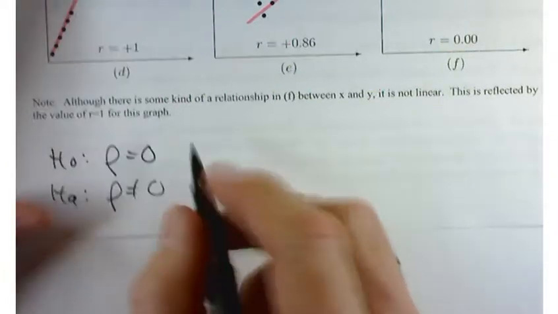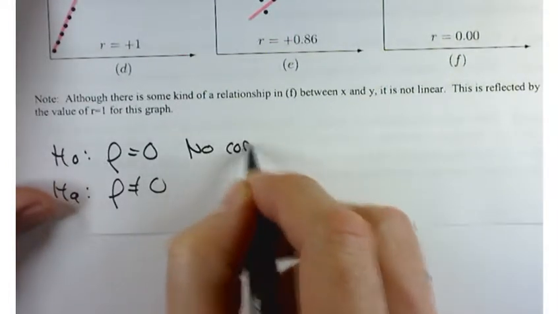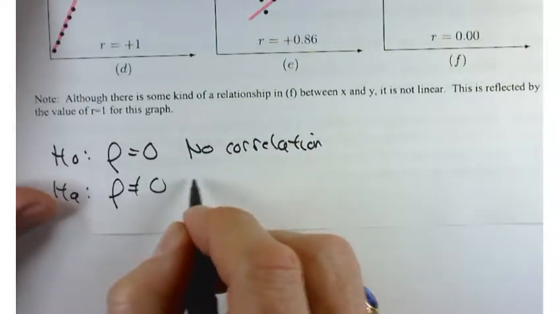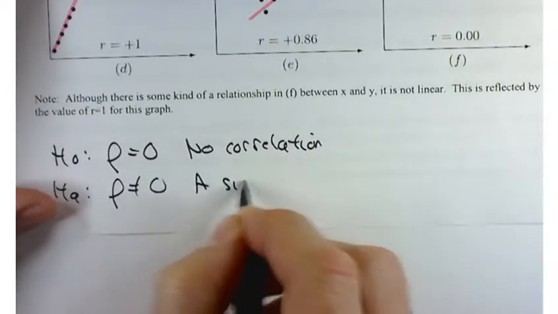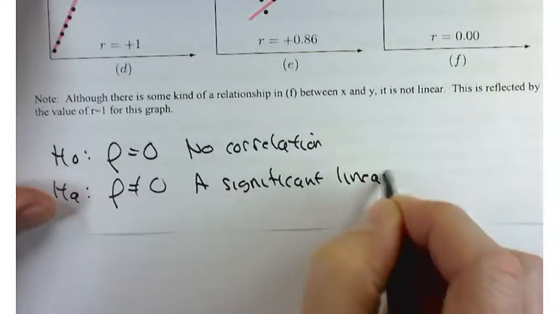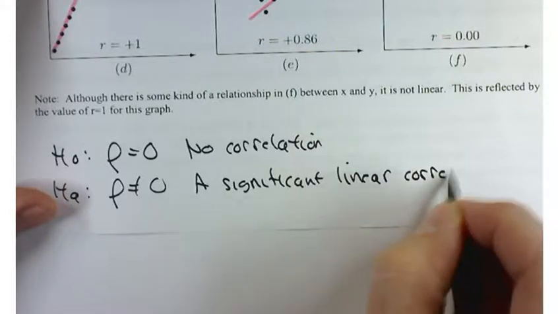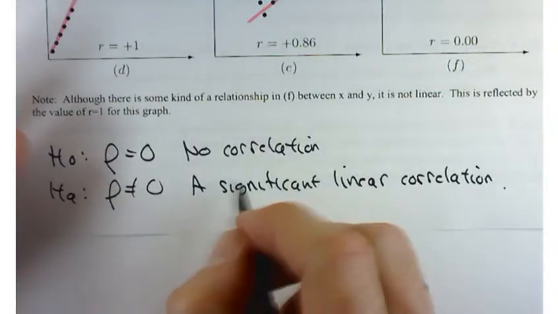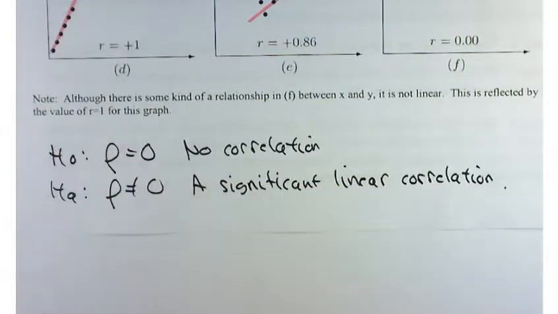So this would say that there's no correlation, and this would say there is a correlation. And that correlation would be linear. You should try and get familiar with this term right now, linear correlation coefficient. There's a term that's coming up in section 10.3 that'll be easy to confuse with this one.